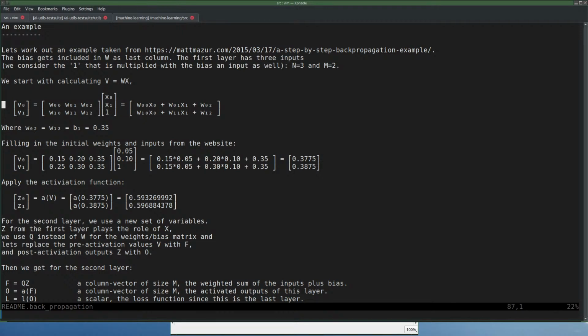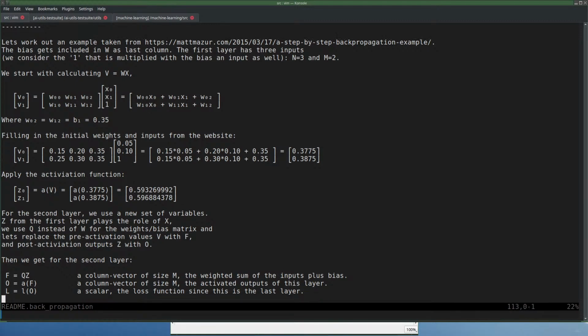So we could calculate the V by doing that multiplication, and I filled in what the website said that I used as initial values. Apply the activation function, and that was the first layer.